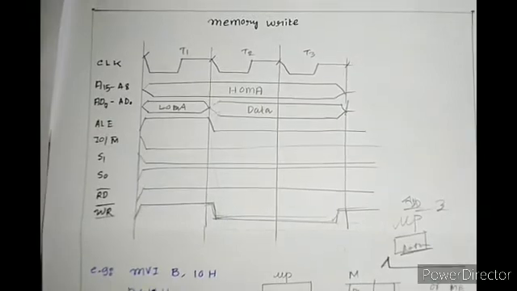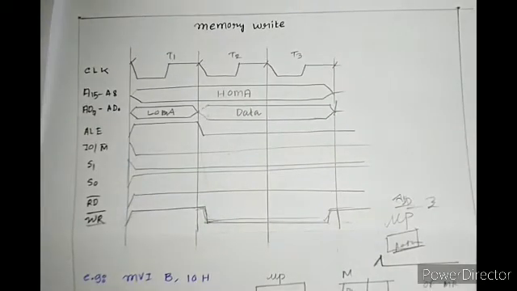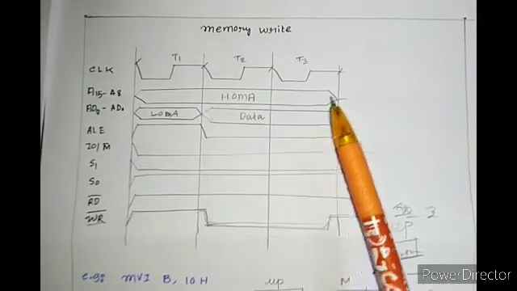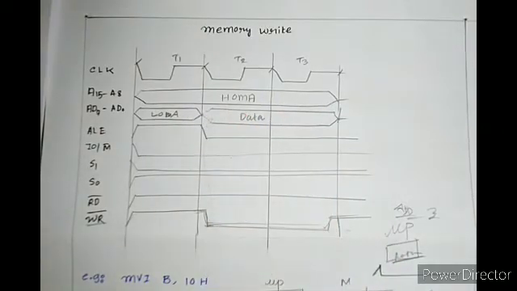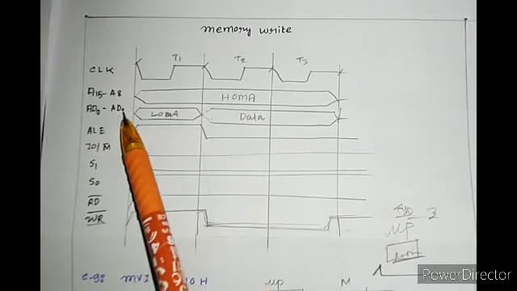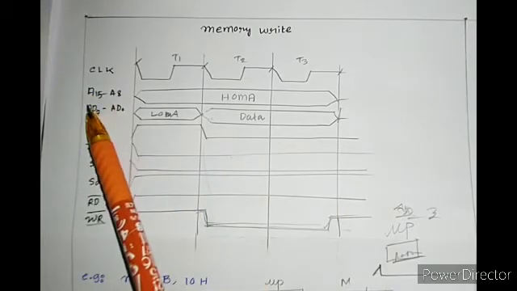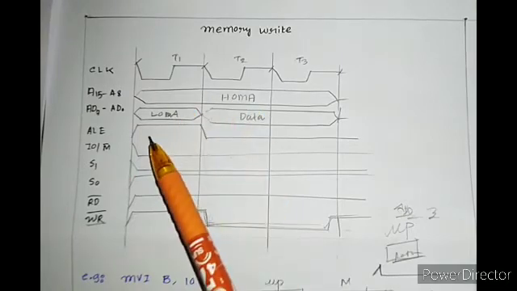I'm sure you have watched the last video. So the higher order address bus and lower order address bus carry the duplicate address, because the address is 8-bit: A0 to A7 and A15 to A8 both will carry duplicate addresses.